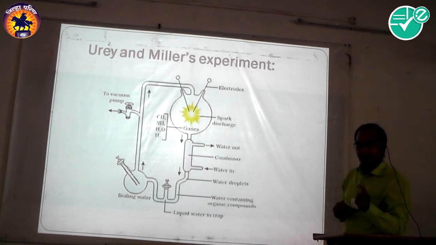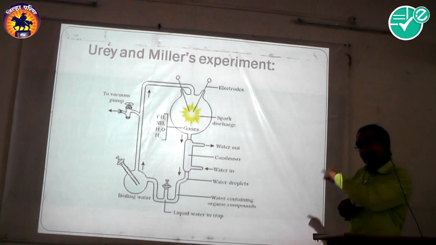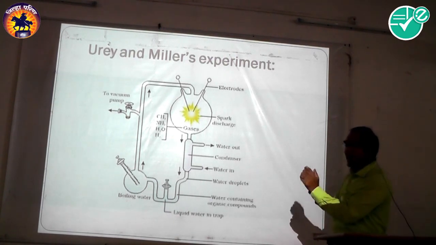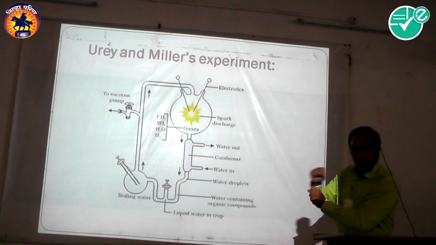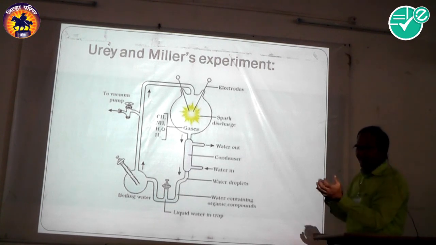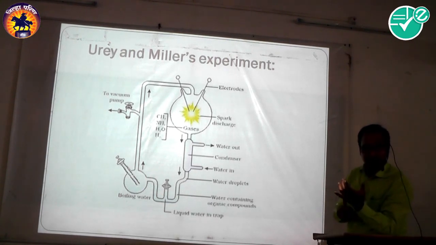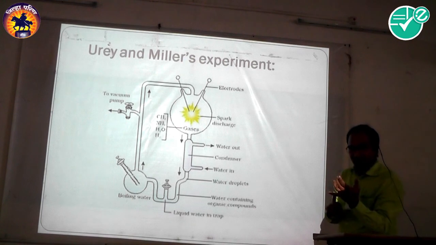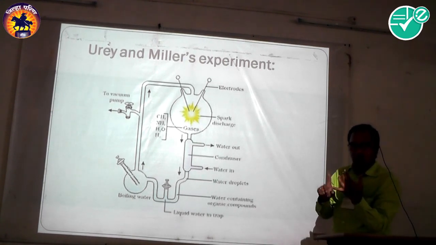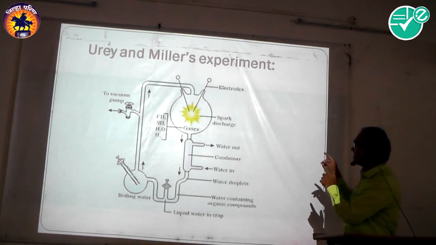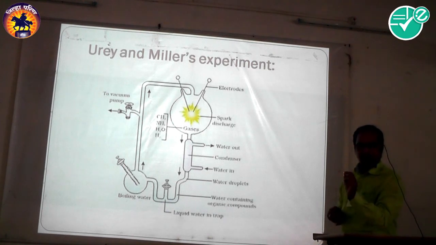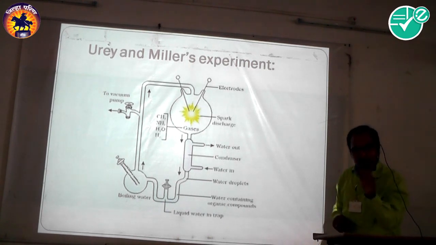If the oxygen enters, then the atmosphere becomes oxidizing. Firstly this total assembly is evacuated, all the air is removed, and then only three gases, that is methane, hydrogen, and ammonia, in a 1:2:2 ratio are passed into that spark discharge apparatus, without allowing the oxygen.